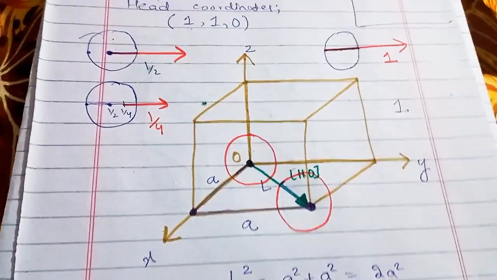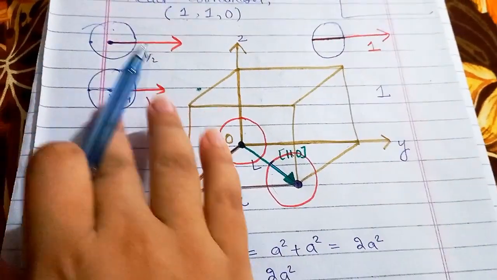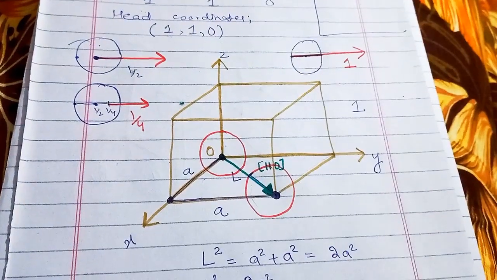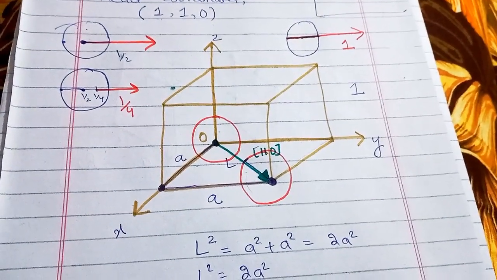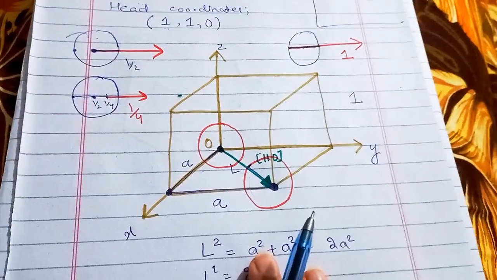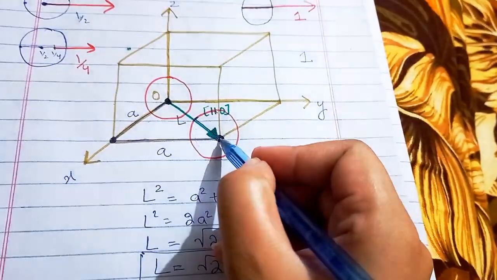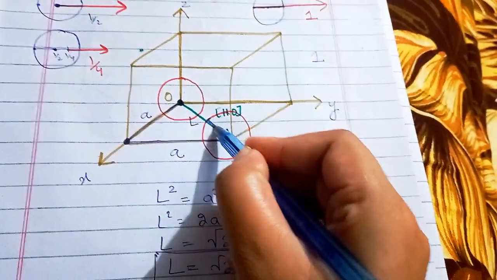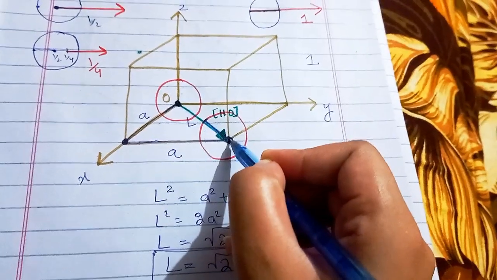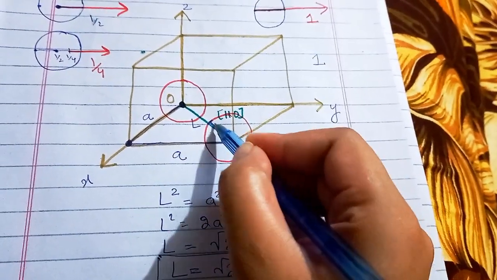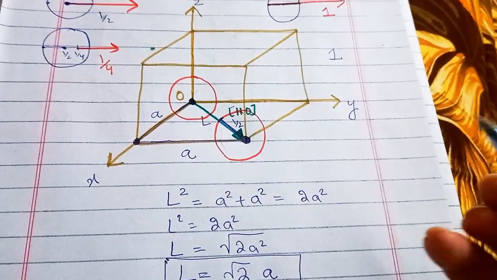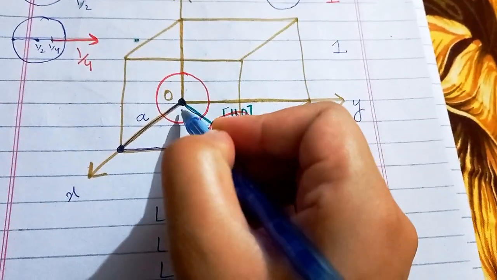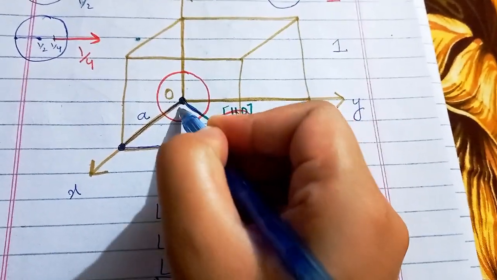Okay, if you understand this, you can calculate linear density for any kind of cube. Whether it is BCC, FCC, or simple cubic, the rule is same. So here you can see this is half the diameter. Half the diameter means the radius because from the center of the atom to the corner is radius, so it's half contribution by atom to the line, and this is half as well because only half the diameter is inside the line.